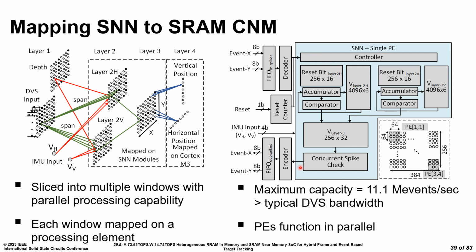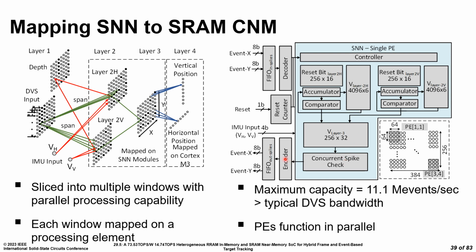A processing element is shown inside the blue boundary. The small banks of SRAM implement layer 2H and 2V as shown. And similarly, layer 3 is also implemented in small banks. The accumulation and spiking operation is checked with a small comparator near the memory, and the spikes in layer 2H and 2V cause spiking in layer 3V.